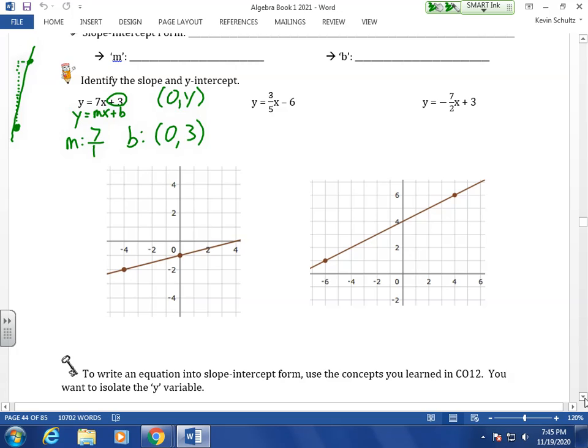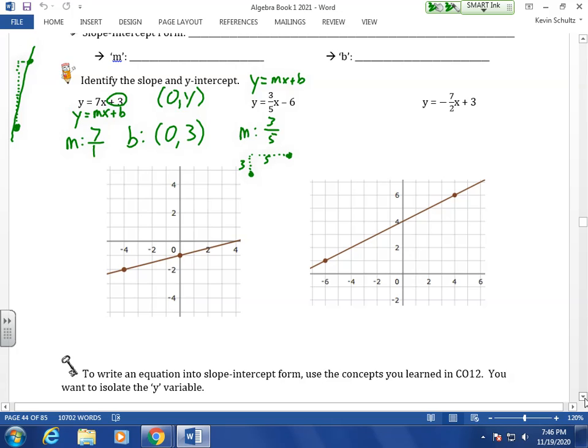This next one, y equals 3/5 x minus 6. y equals mx plus b. Our m, that coefficient to x, is in fraction form for us. Sometimes that makes it easier to recognize we are in slope-intercept form, but the slope is going to be 3/5, meaning, again, just sketching points, from one point to the next, we're going up 3 over 5, right?